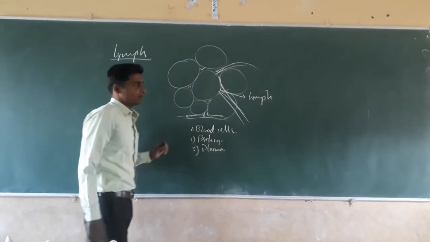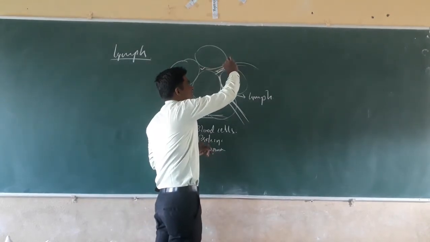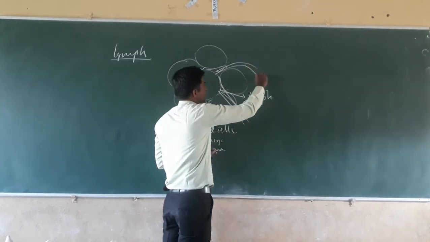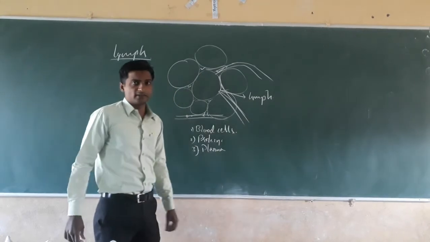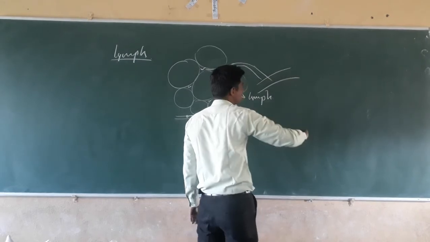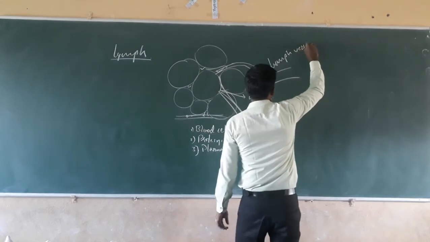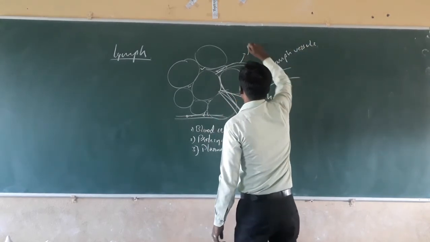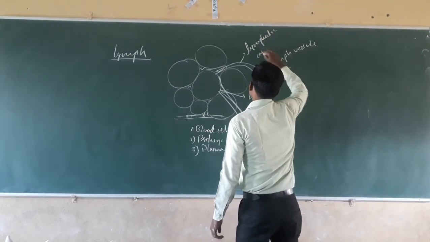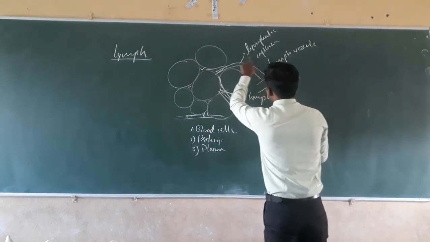From the intercellular space the lymph is drained into the lymphatic capillaries, and these connect to the lymph vessels, which are larger vessels.